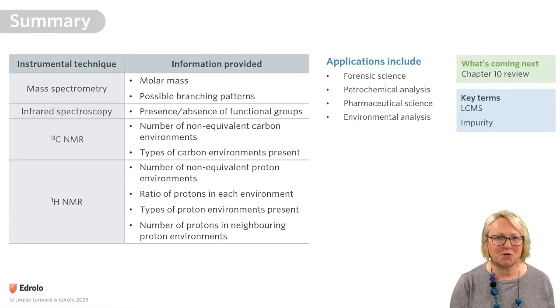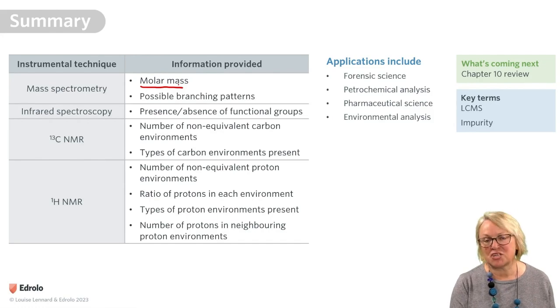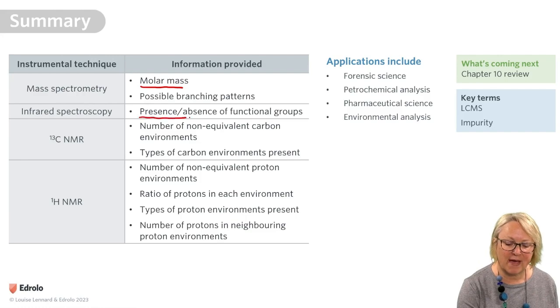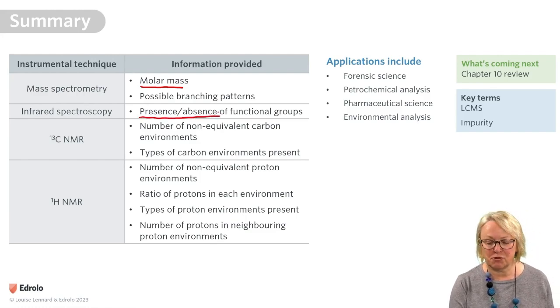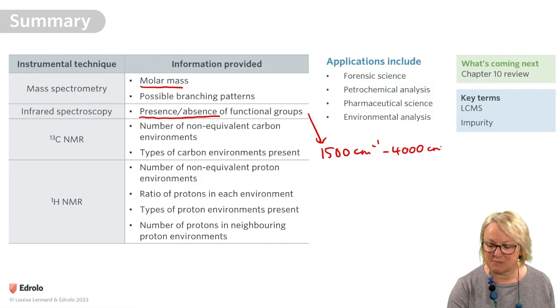Okay, let's summarise what we've already learnt. So we can get lots of different information from the various techniques. From mass spectrometry, we can work out molar mass and possible branching patterns looking at the fragments. Infrared, we can look at the presence or absence of particular functional groups above the fingerprint region, so 1,500 centimetre minus 1 to 4,000 centimetre minus 1. 13 carbon NMR, we're looking at the number of non-equivalent carbon environments, and that tells us the number of unique carbon environments present in a molecule.